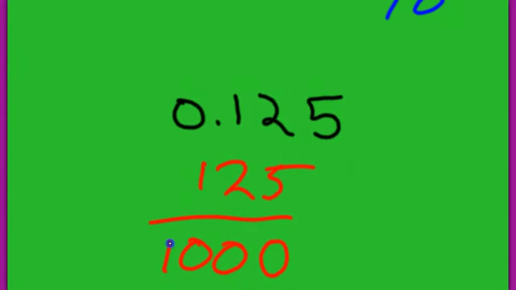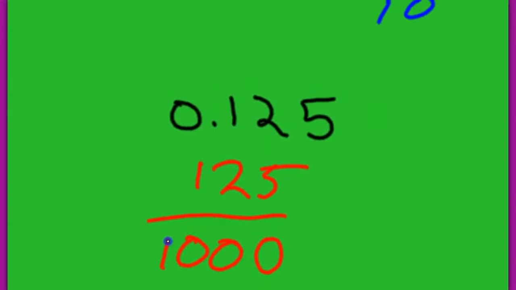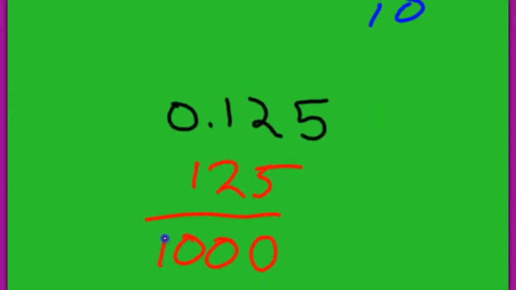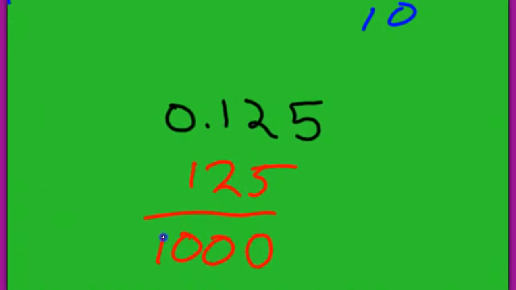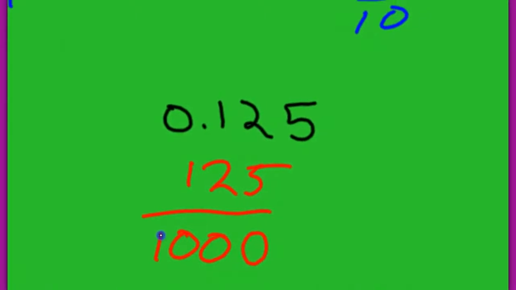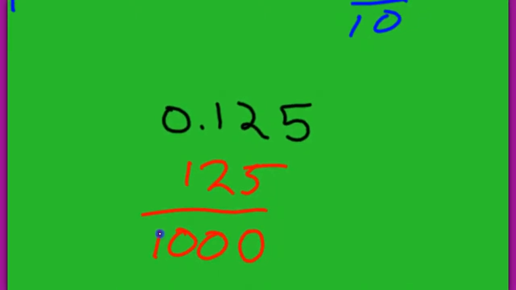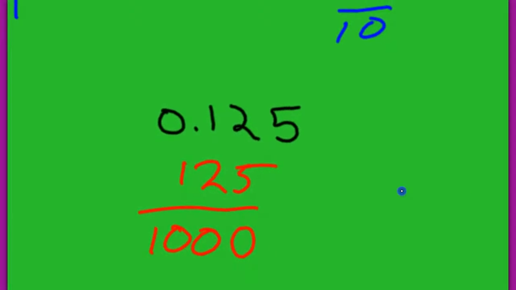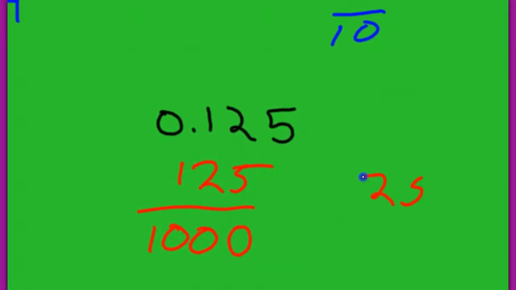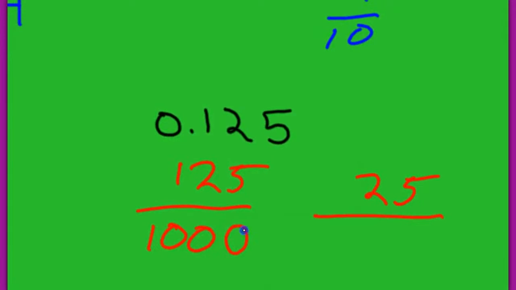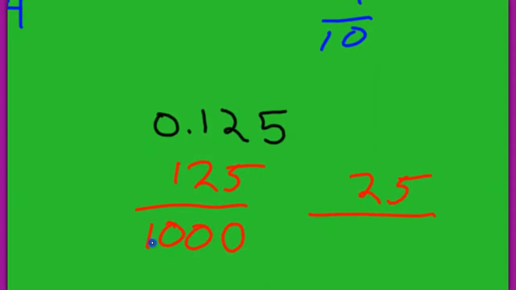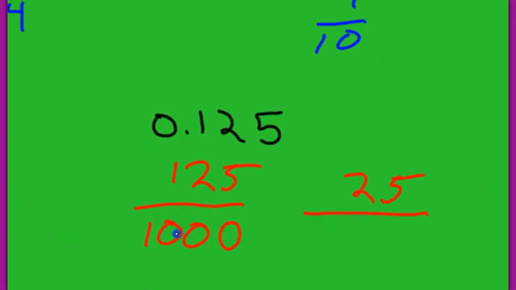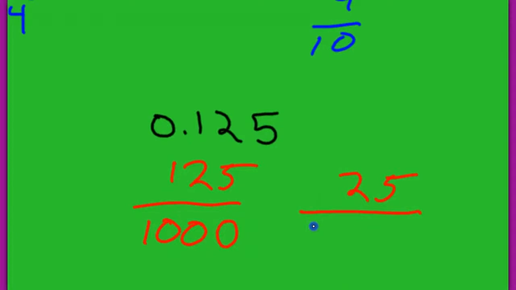So I'm going to split 125 into 100 and 25. 100 divided by 5 is 20. 25 divided by 5 is 5. So add 20 and 5 to get 25. Okay, then think of 10 divided by 5 is 2. So 1,000 divided by 5 is 200.